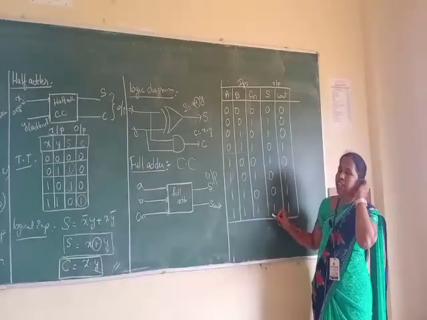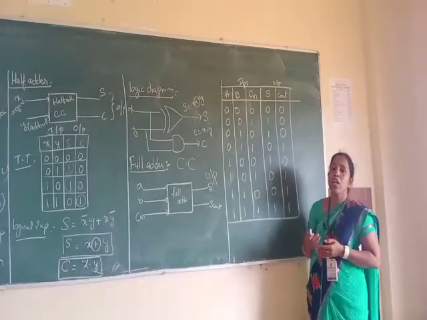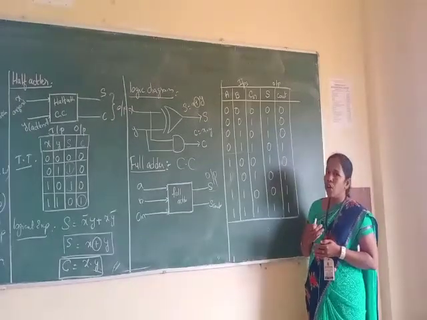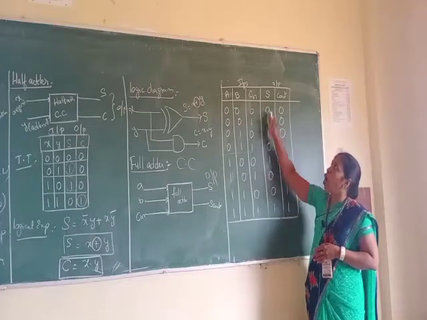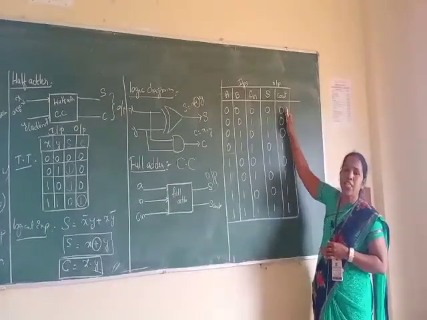Now the truth table is plotted. Next you have to generate the logical expression for the output columns, that is sum as well as C out.